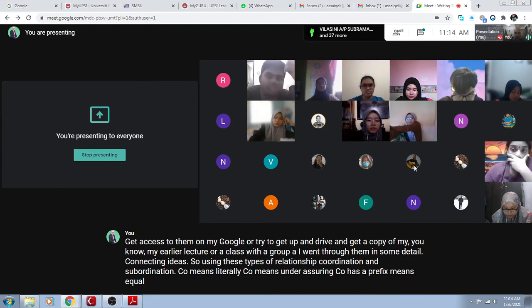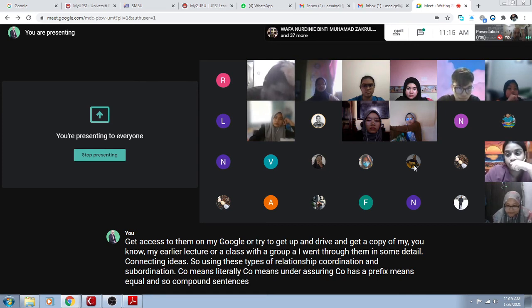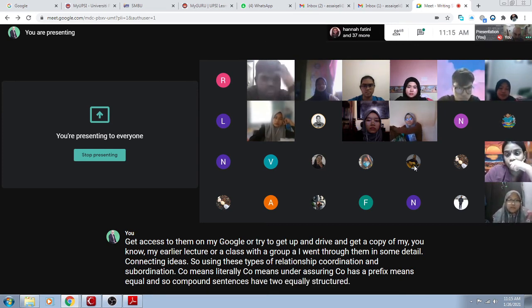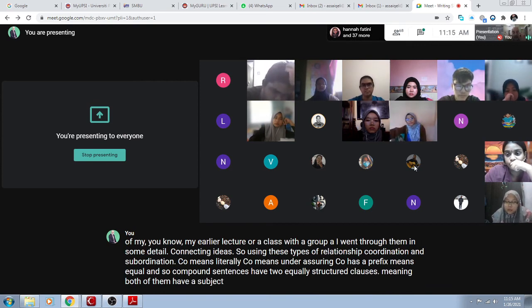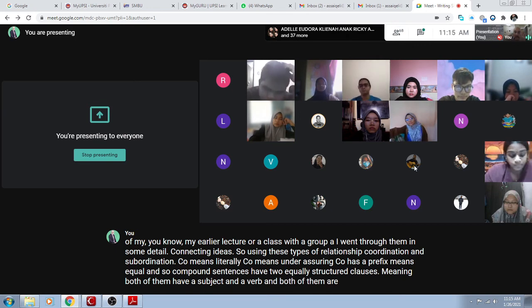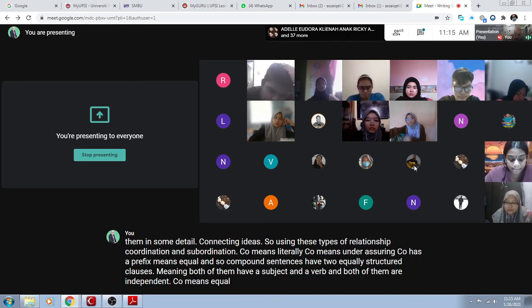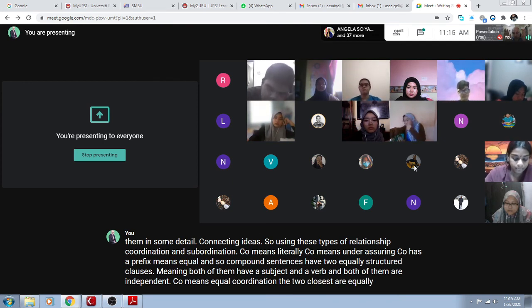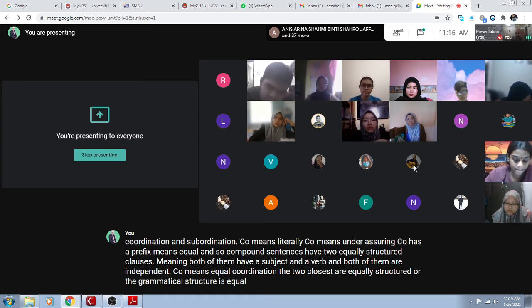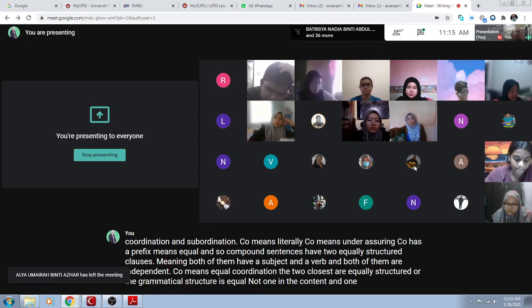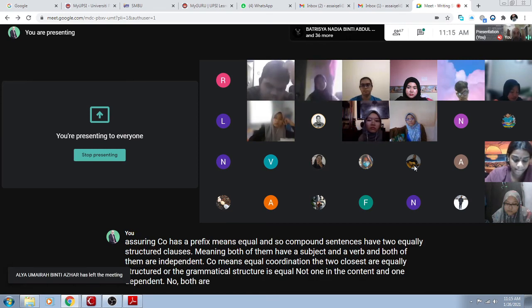And so compound sentences have two equally structured clauses, meaning both of them have a subject and a verb, and both of them are independent. Co means equal, coordination. The two clauses are equally structured, or the grammatical structure is equal. Not one independent and one dependent. No, both are independent.